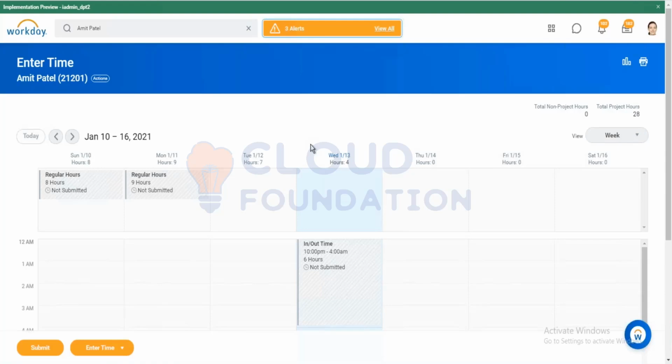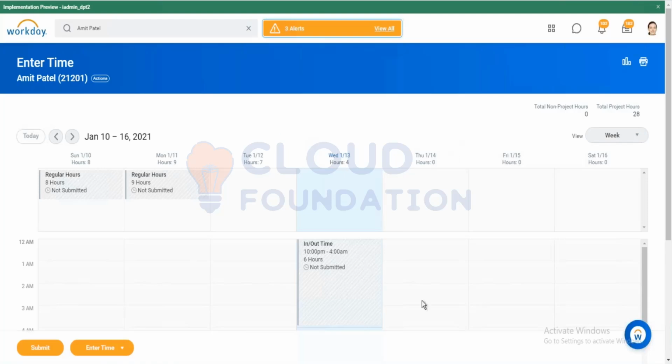How it impacts: for example, if you are a nurse in an organization, currently in the corona period, working tirelessly, you are working a shift from 1 a.m. to 4 a.m., and after that again on the same day from 1 a.m. to 4 p.m. Then your overtime and double time would be affected.